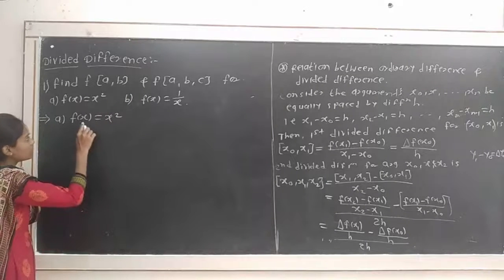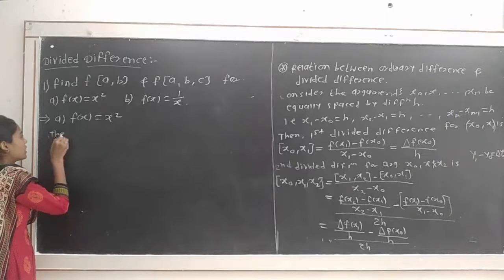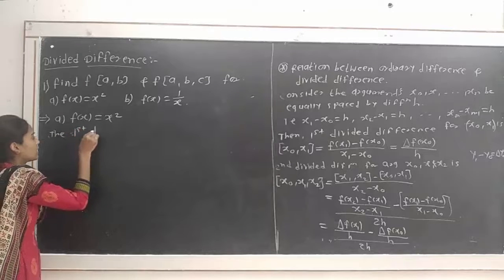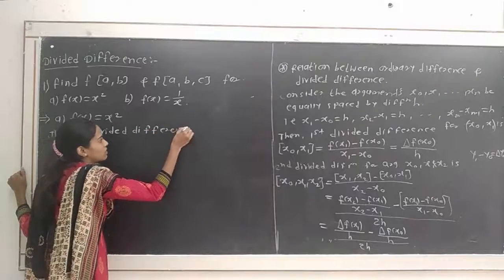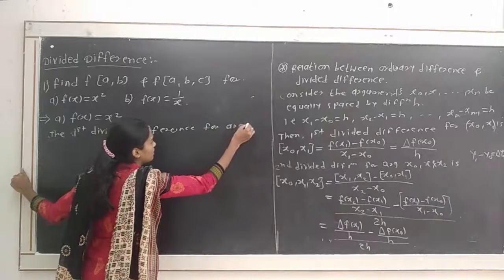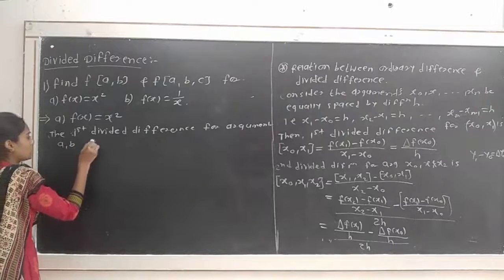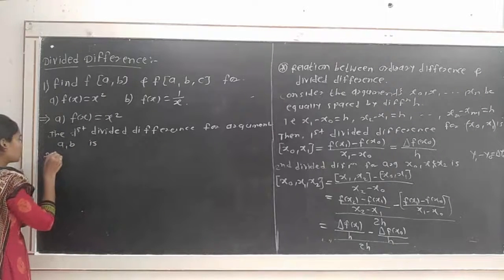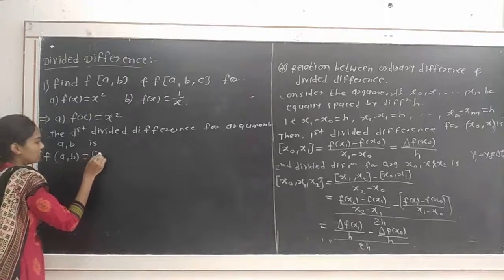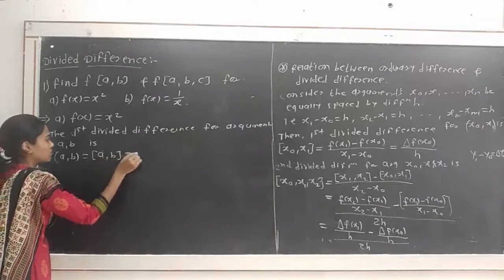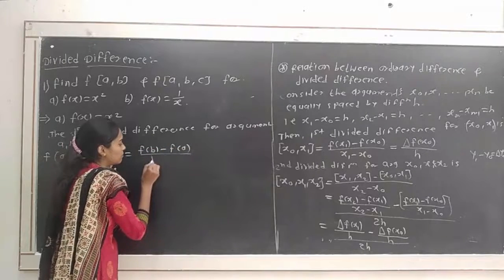So first we find it for the function f of x equal to x square. The first divided difference for the argument a, b, by definition, we denote by the notation f of a comma b, or in square brackets a comma b, which is equal to f of b minus f of a divided by b minus a.